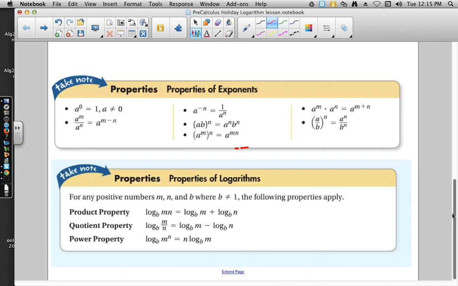One of the things I really want to focus on here is that logarithms are defined for positive numbers only, and that's because the domain of our logarithms is from 0 to infinity. We have to make sure that we remember that we can only take the logarithms of positive numbers. So when we're trying to evaluate, that's something that has to stay in the back of our mind.